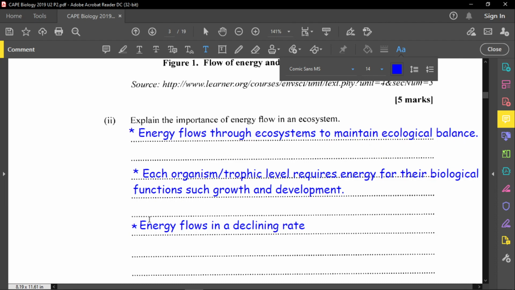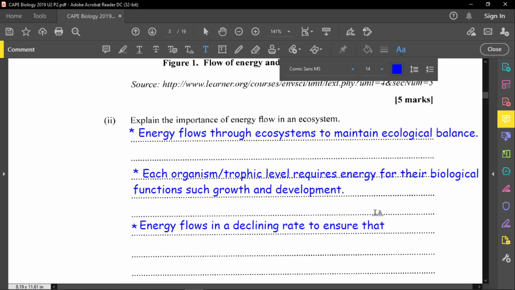All right, and this is very important, because this will ensure that the ratio between prey and predator is maintained. So I'm going to explain this a little bit more.